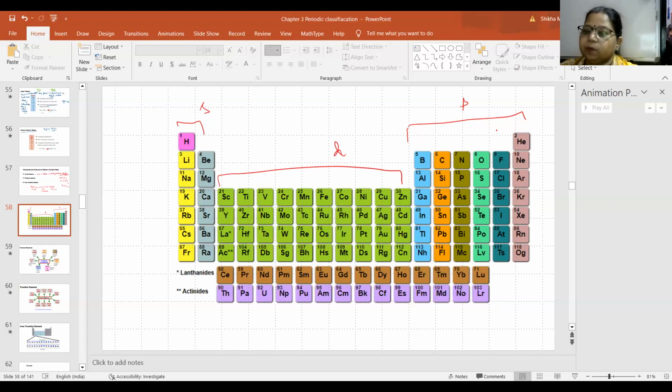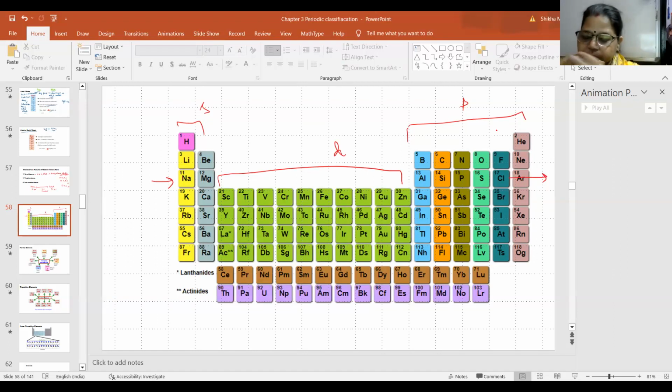You may not be very clear about what a metallic property is and what a non-metallic property is, but still, focus on the element sodium and the element chlorine, right? It will always be easier for you to find your way in the periodic table. Whenever you are lost somewhere, think of sodium and chlorine. You will notice one is on the extreme left-hand side, another on the extreme right-hand side, right?